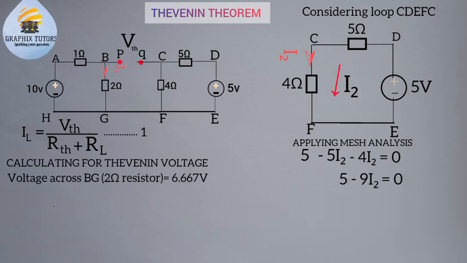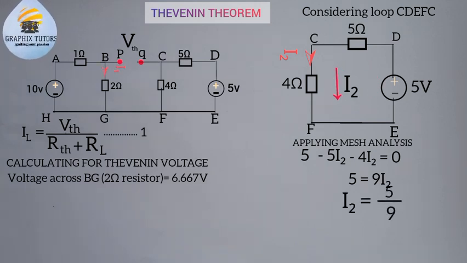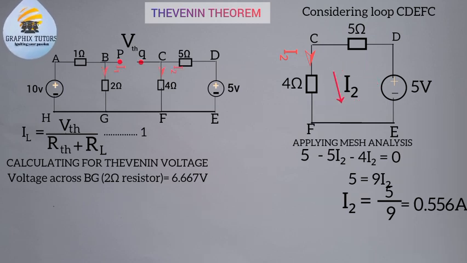If I take my minus 9I2 to the other side of the equal sign, 5 equals 9I2. Dividing both sides by 9, my I2 will be equal to 5 over 9, so the I2 here will be 0.556 ampere. Now what do you notice? The current flowing through CF, you see this point here, CF, flowing in this direction.